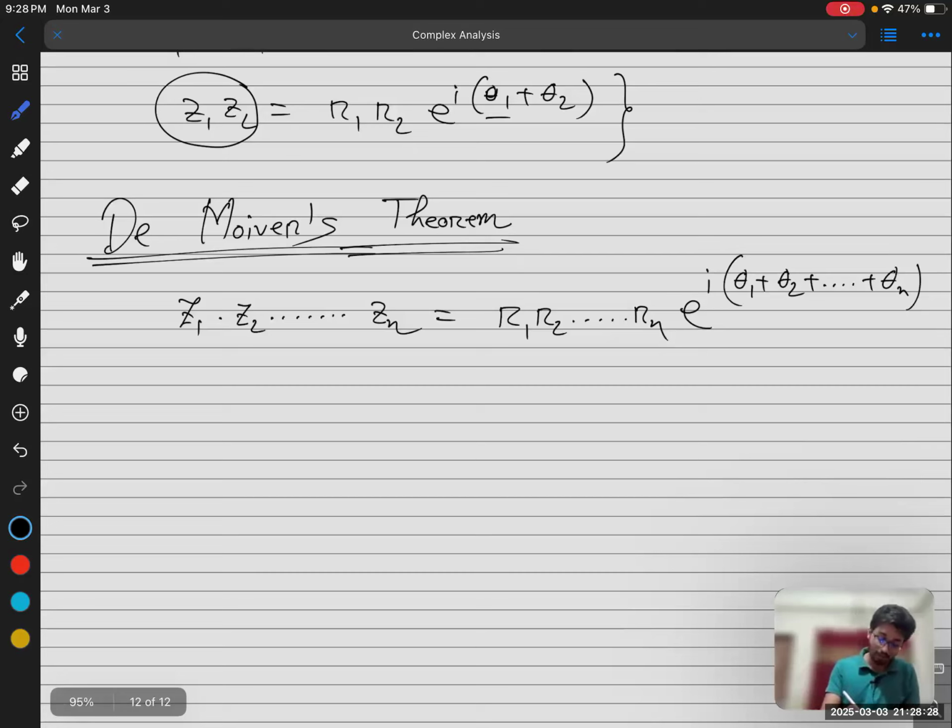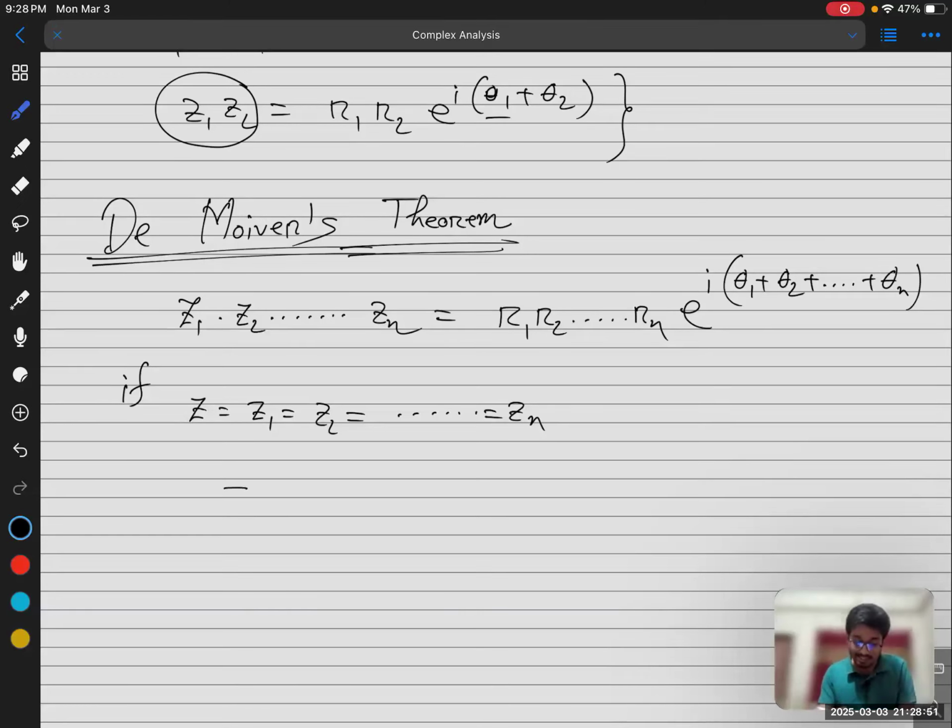Now, if we consider that all these n complex numbers are exactly the same numbers, that means z is equal to z1 is equal to z2 and up to zn, then we can say that z to the power n is exactly r to the power n e to the power i n theta.